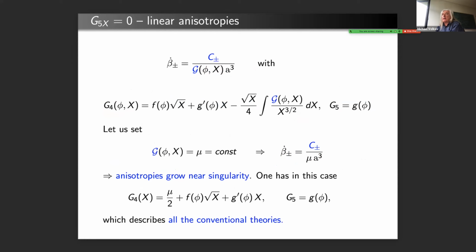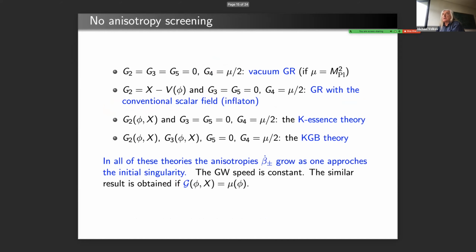And then injecting this into this equation, we recover the form of G4 and G5, and we discover that this covers all conventional theories. So this is usual vacuum general relativity with the conventional scalar field, Chi-sense theory or KGB theory.